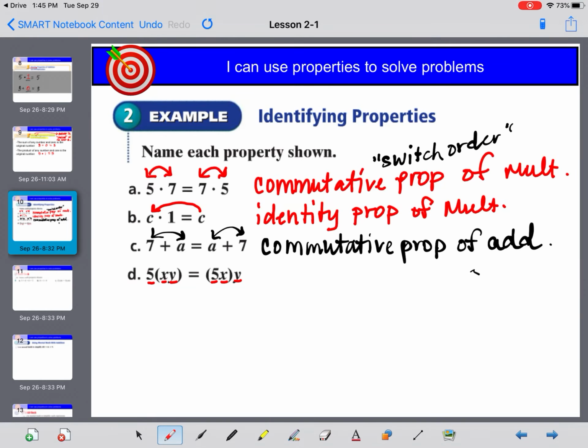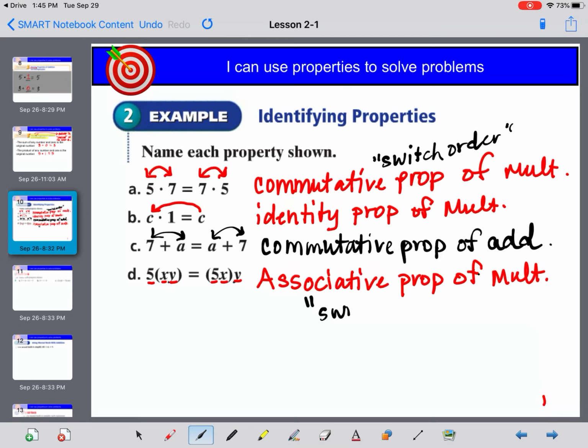When you change grouping, that is the associative property. And then name the operation of multiplication. And so that one, as a reminder, switches the grouping, but not the order. Okay.